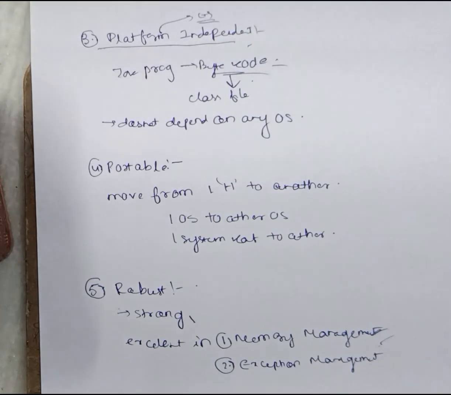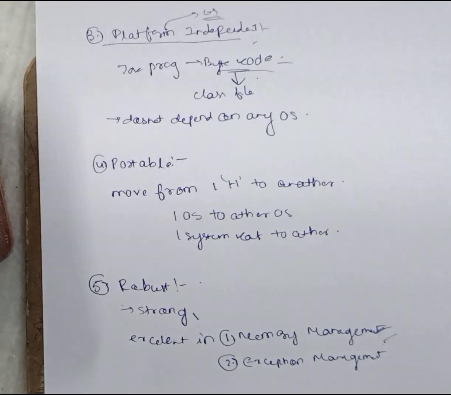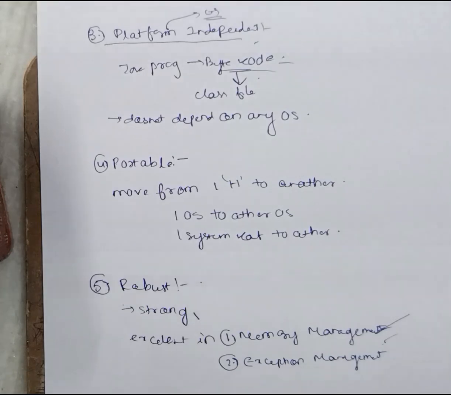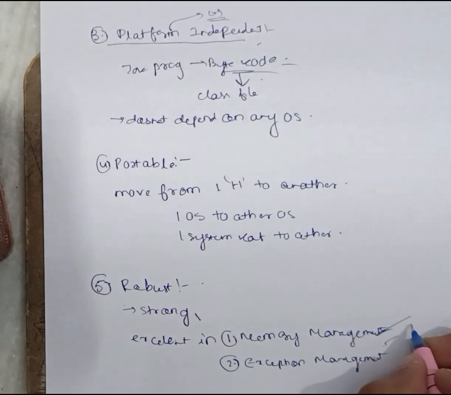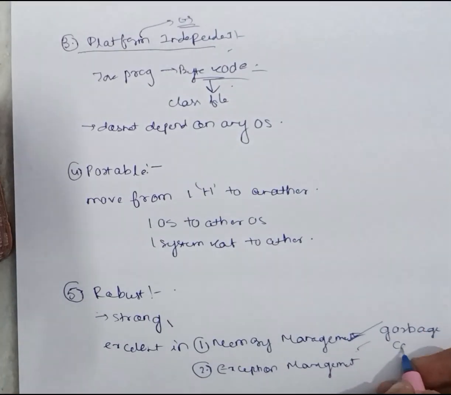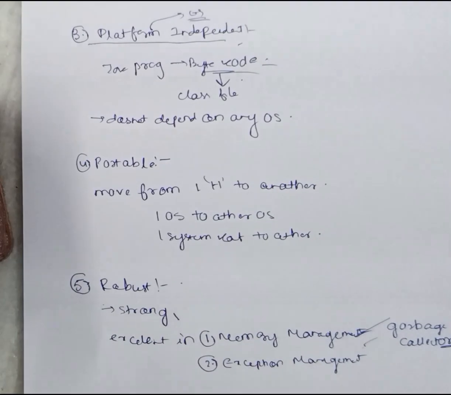Whereas in Java, there is no need to release the memory explicitly. Memory is managed by the garbage collector, which automatically removes the memory which is no longer in use.